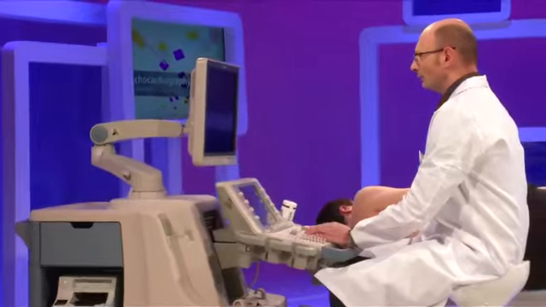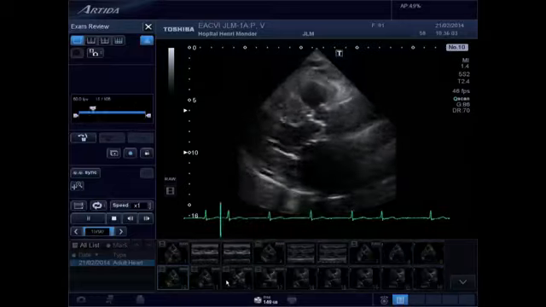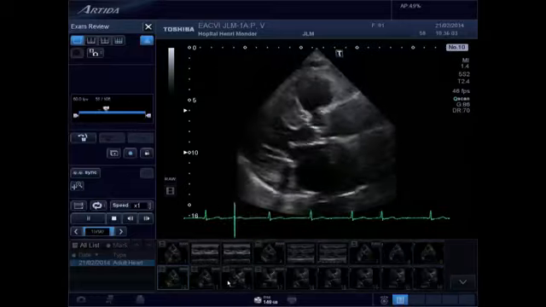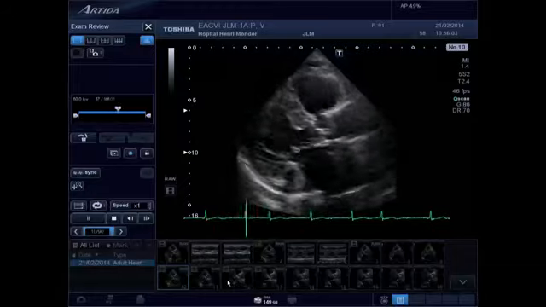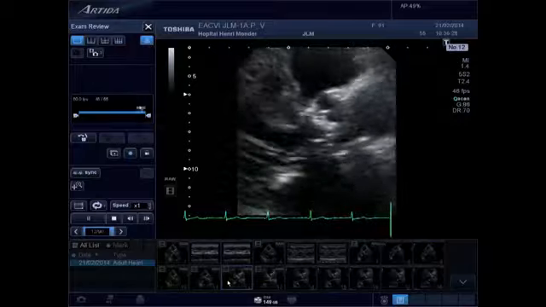Again, we go to the longitudinal view of the outflow tract, and we will use the zoom mode to measure the outflow tract diameter.